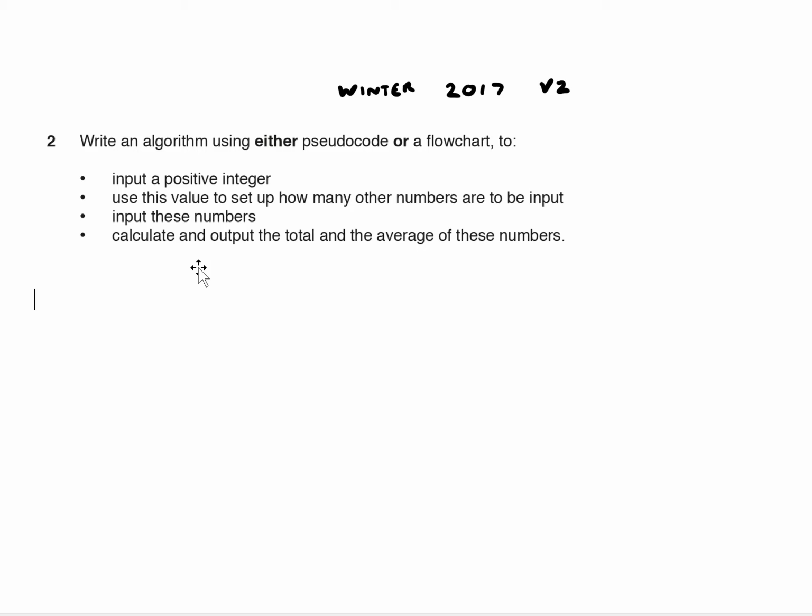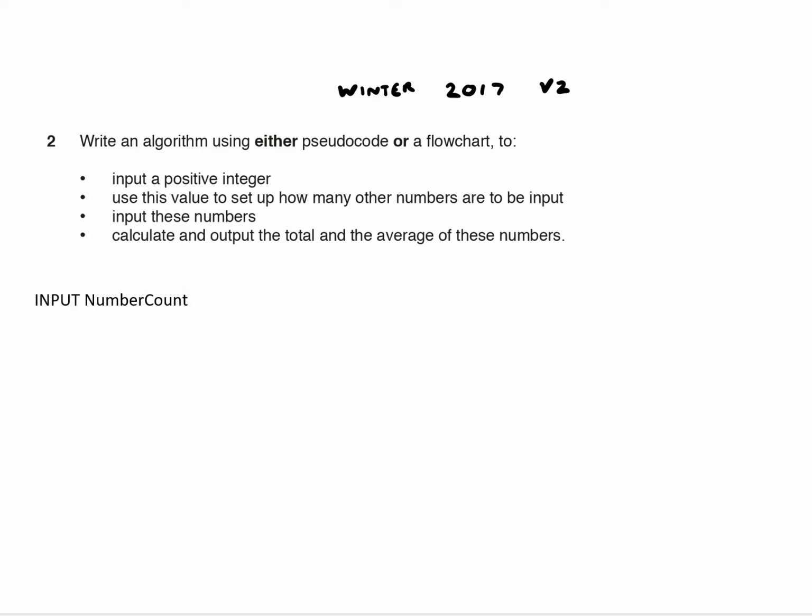To start off with the pseudocode, we need to get the program to ask the user for the initial integer, in terms of how many numbers the program is going to ask for. So in pseudocode we need to write INPUT, and we need an appropriate variable name, and we'll call this numbercount.